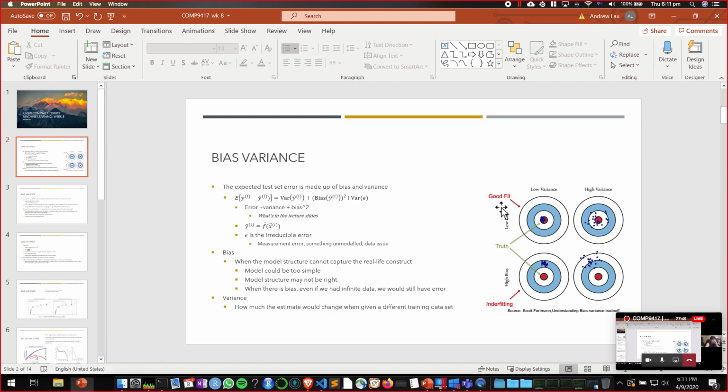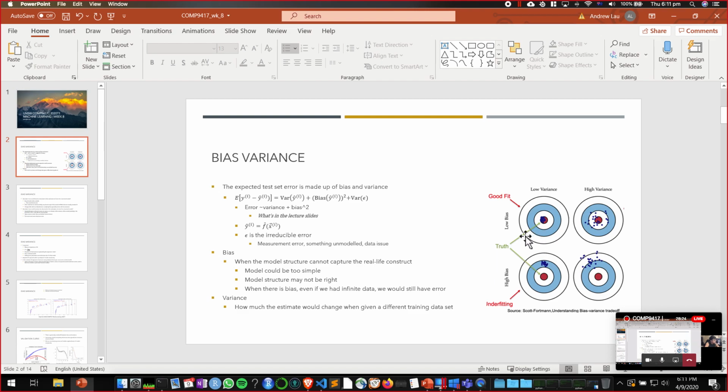If you're trying to estimate something, in this case the center of the target, the red point, the bias is any inherent differences between what you're trying to estimate and your estimates. These blue points are our estimates of the red point. You can see there's an inherent difference, and that is the bias. The difference between this red point and this cluster of blue points, that's the bias, right?